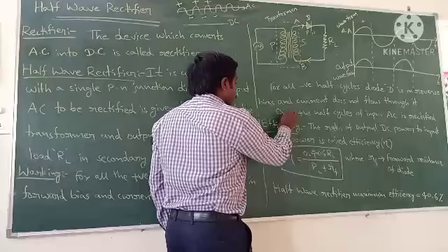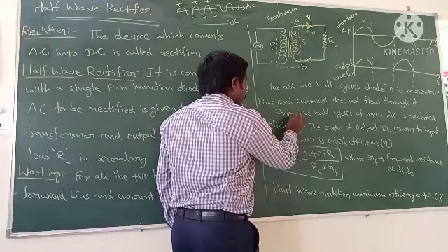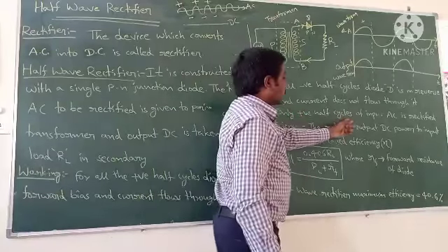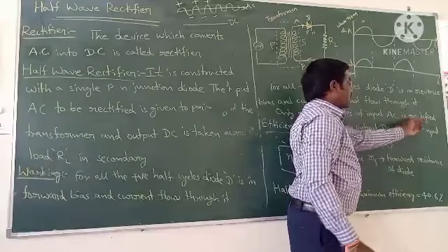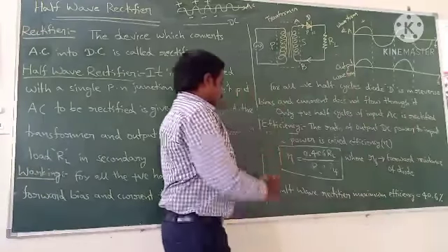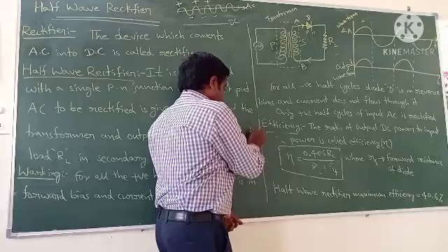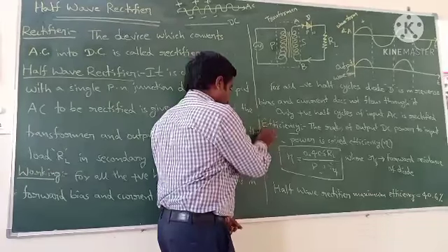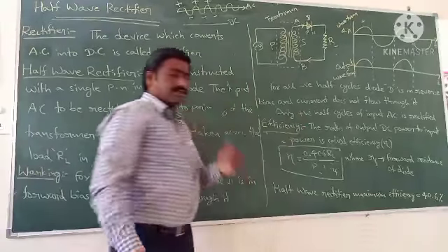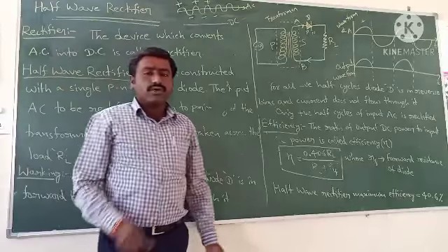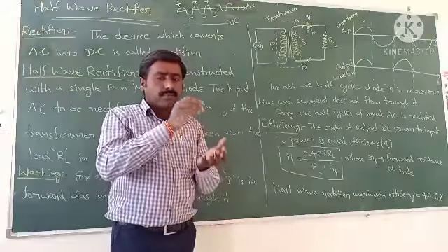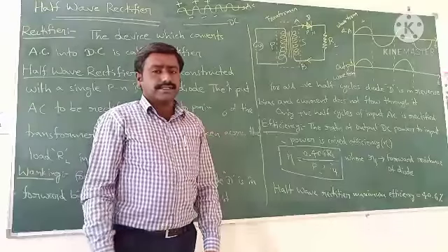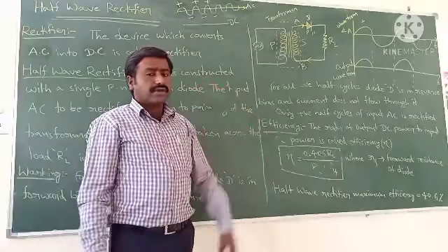So only the positive half cycles of the input AC are rectified. In this way, in a half wave rectifier, only half of the input signal will be converted into DC. That means only positive cycles are converted into DC. That's why it is called a half wave rectifier.